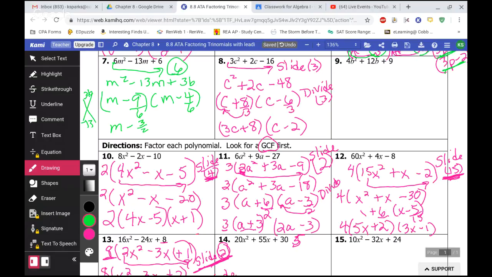So it's going to be 3 halves. And that's going to be 2/3. But they're not perfect integers, so I'm going to swing them up, bottoms up. So my final answer is going to be 2m minus 3, 3m minus 2.